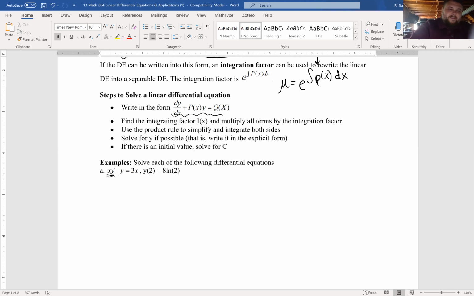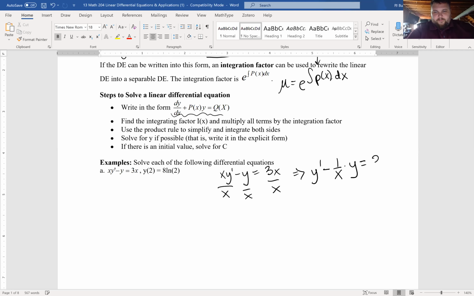So the very first thing we should do is get y prime by itself. So to do that, I'm going to divide through by x. And that leaves me with y prime, and I'm going to write it specifically this way: 1 over x times y equals 3.